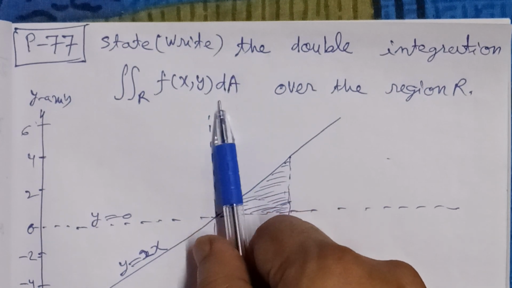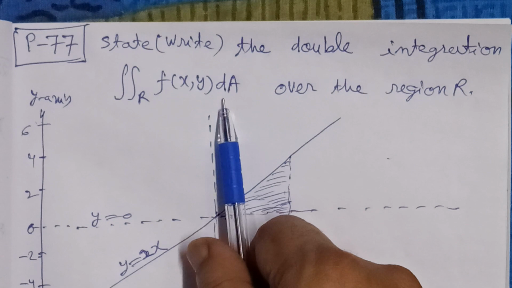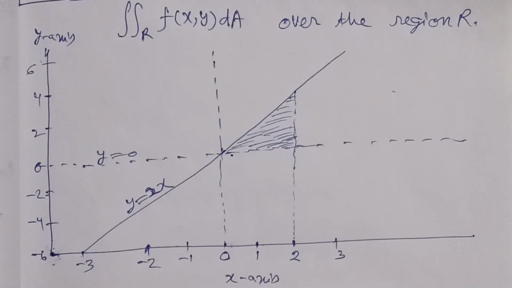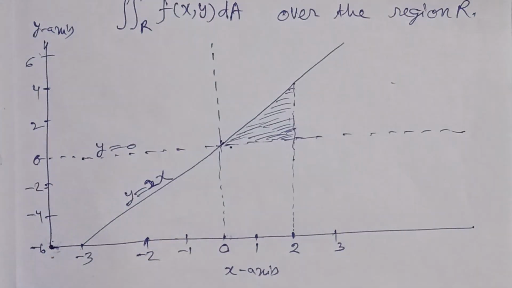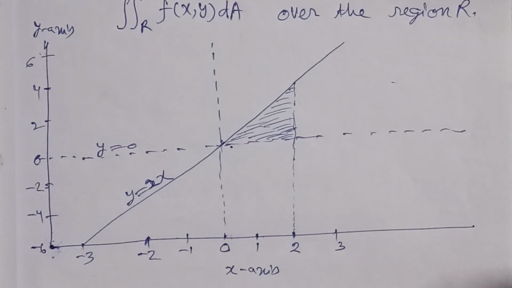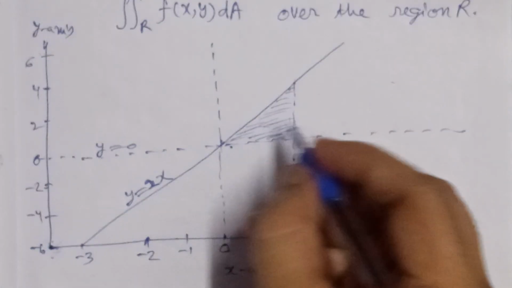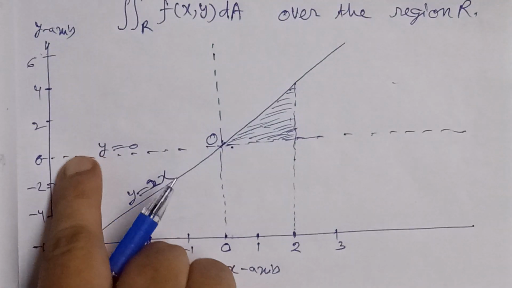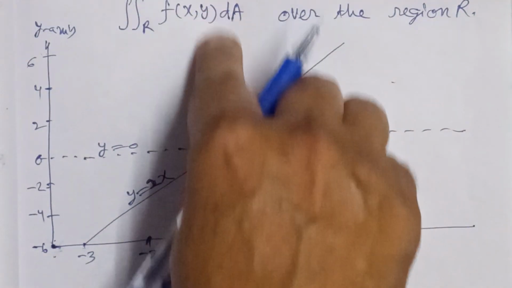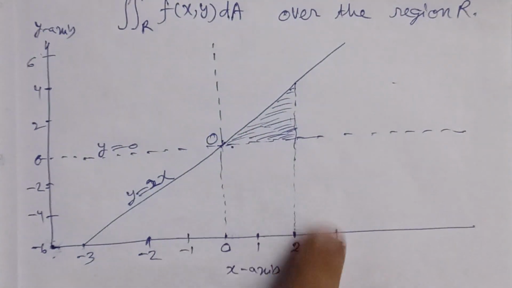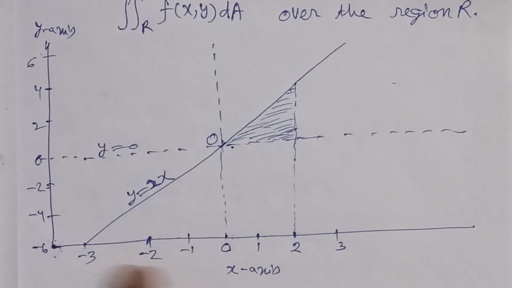Here dA represents area, plane area, in the xy plane, and there is also a graph. This is the x axis and this is the y axis. The origin is here, and you can count from here.